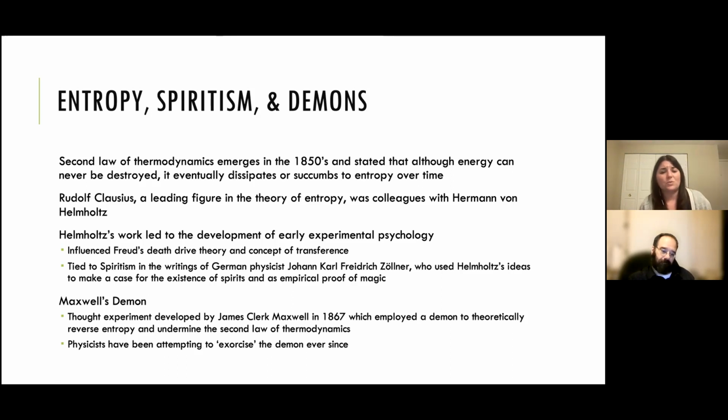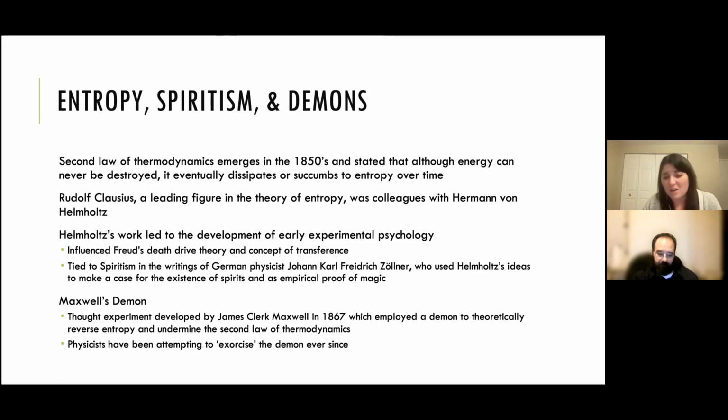Also, Helmholtz's work was tied to Spiritism in the writings of German physicist Johann Carl Friedrich Zöllner, who used Helmholtz's ideas to make a case for the existence of spirits and as empirical proof of magic. And Helmholtz was a pretty staunch positivist, so he wasn't very happy that Zöllner was trying to use his ideas to prove that magic and spirits were real. So they had a very tumultuous relationship.